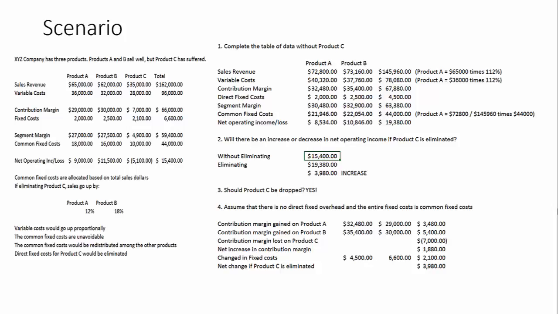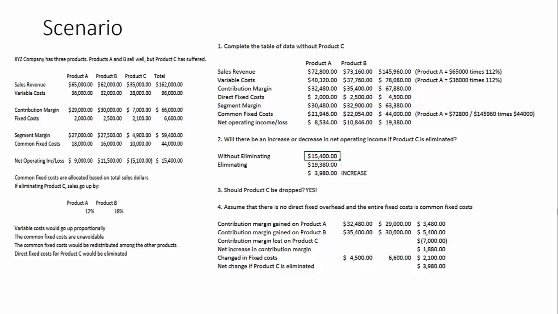Now, the change in fixed costs. Here, what we have is in part 1, where we calculated all of these dollars without product C, our direct fixed costs are $4,500 as compared to originally our fixed costs were $6,600. So there's a difference there of $2,100. So the net change if product C is eliminated is $3,980.